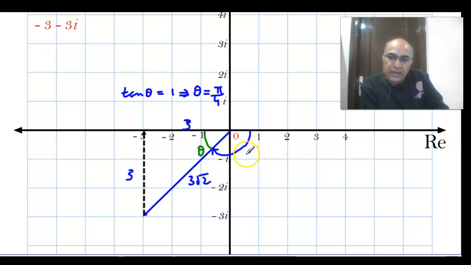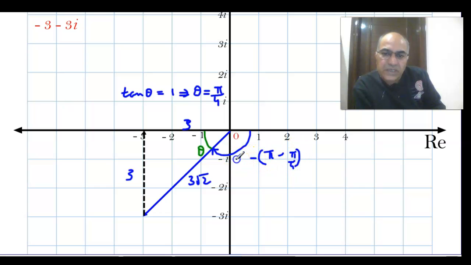It is negative of this measure, so this measure will be pi minus pi by 4, but we have taken the clockwise direction, so it is with a negative sign.